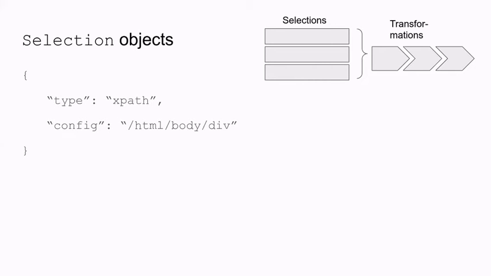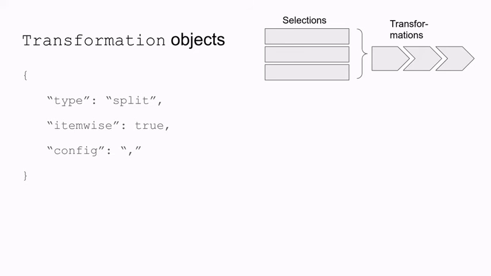So if, for example, you're using selection type XPath, the configuration is going to be the XPath expression that points to the HTML node that you want to select. If the selection type is cytoid, then the configuration is going to be the field of the cytoid response that you want to select. If the selection step is fixed, then the configuration is the fixed value that you want the selection step to always return. Okay?